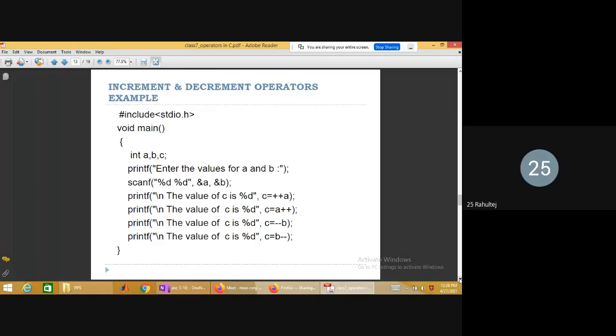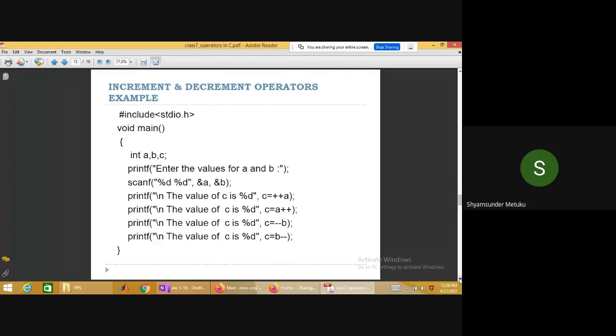Second printf? 7? No, 6 only, because it is a post increment. See, when you write c is equal to ++a, c is equal to 6 and a is also 6. Is it a post increment or pre-increment in the second printf? Post increment. What did I say about post increment, case 2?